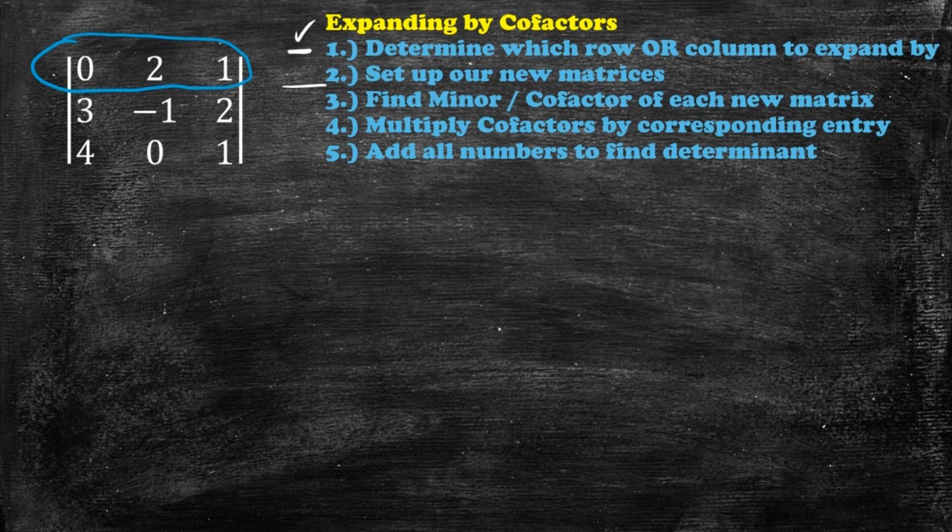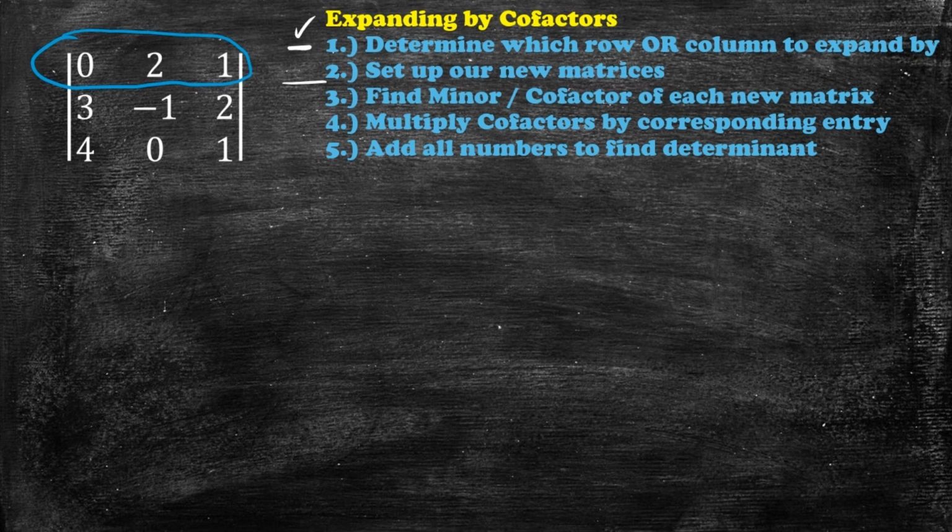The way we do that is we write the minor of 0, because that's our first entry. So the minor of row 1, column 1, we're looking at this 0. The new matrix is obtained by deleting the row that that 0 is in and the column that it is in.